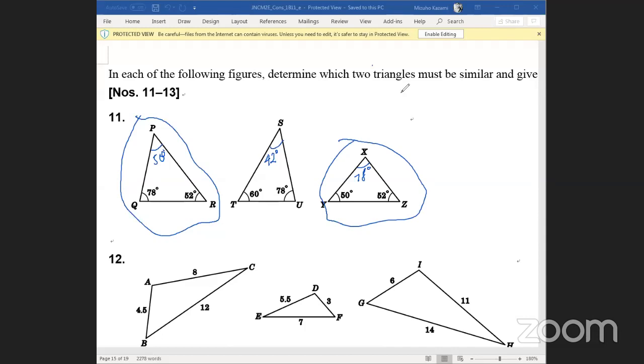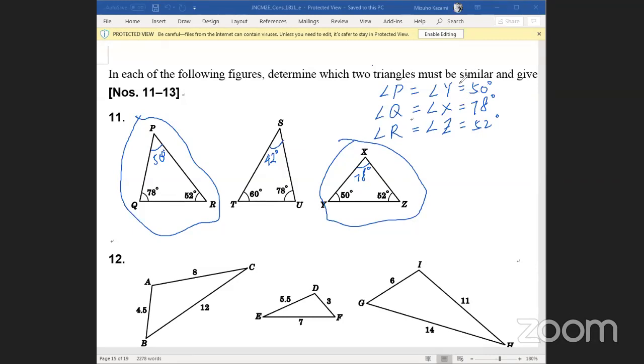Then it means you should tell people clearly: angle P equals angle Y, which is 50 degrees if you know the value of the angles. And then angle Q, 78, equals angle X, which is also 78 degrees. And then angle R, 52, equals angle C, 52 degrees.